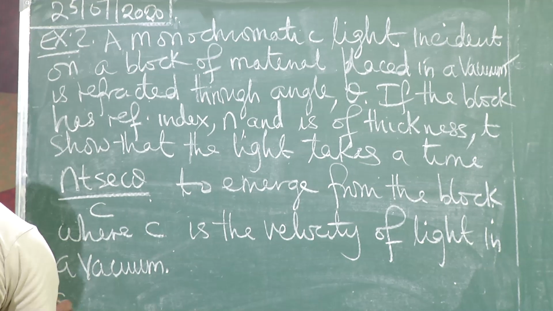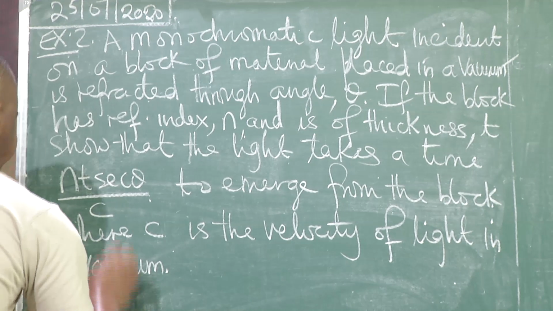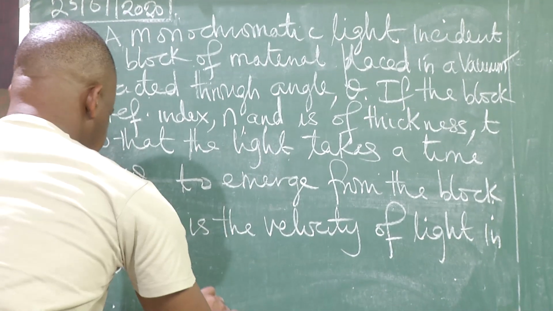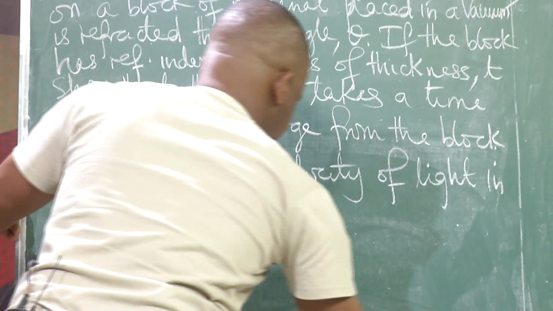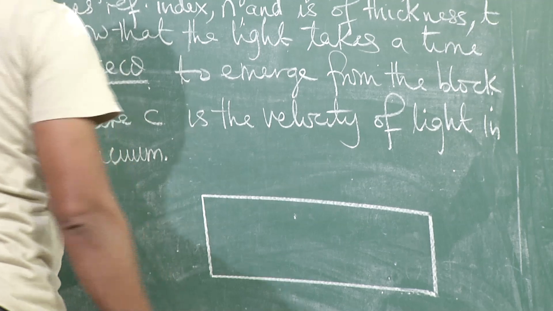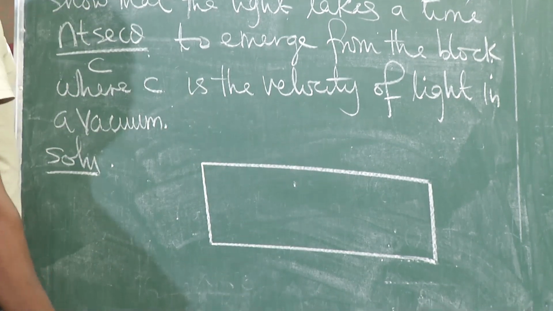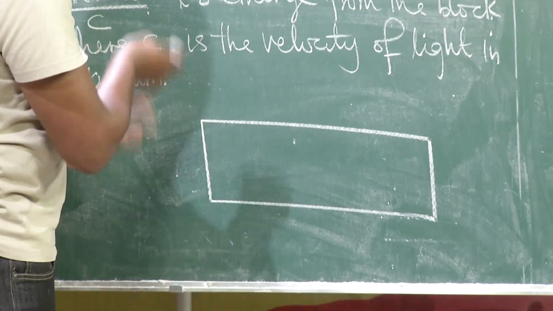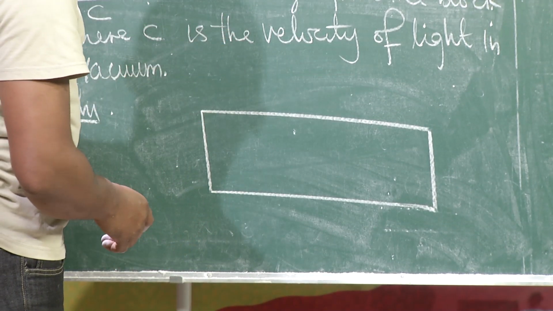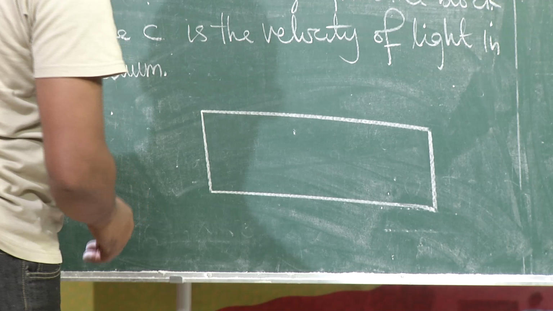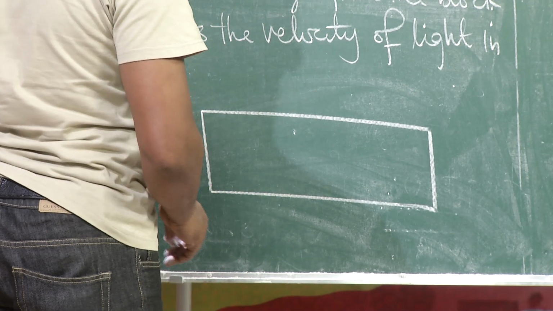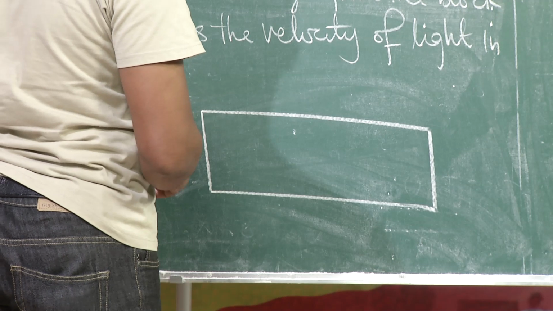We'll put our sketch right over here and proceed to work through it. If we take this as our block, they are telling us that monochromatic light is incident on a block of material placed in a vacuum.